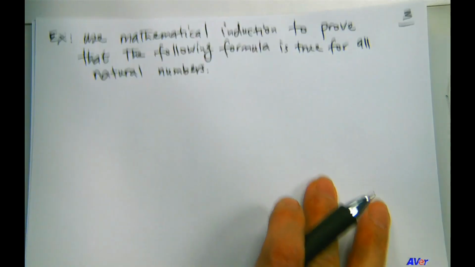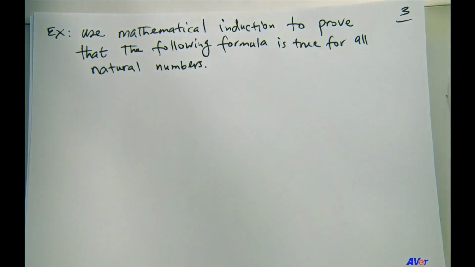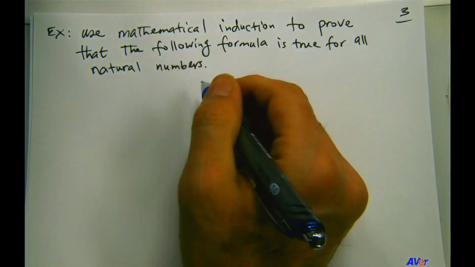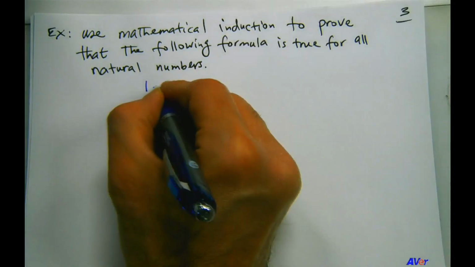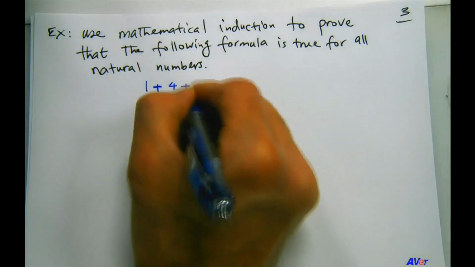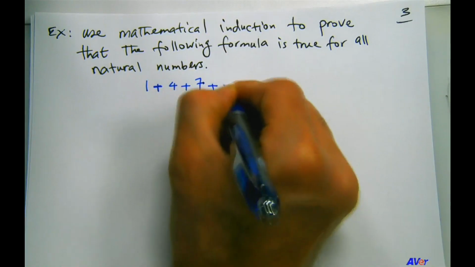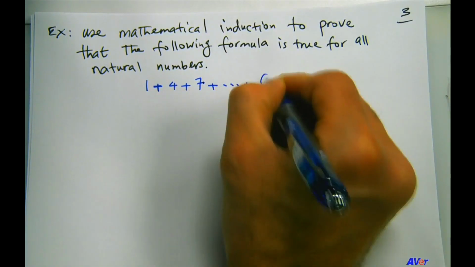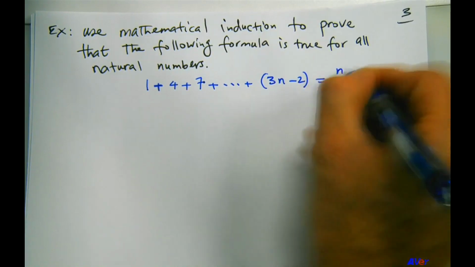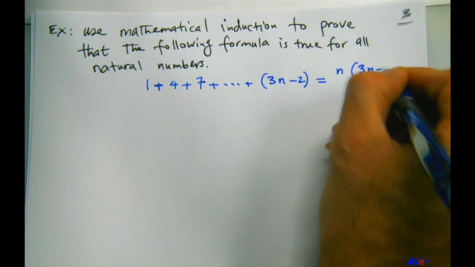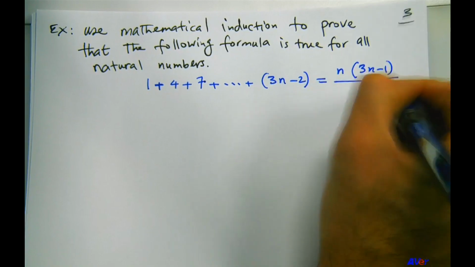Okay, so here is that statement. That is 1 plus 4 plus 7 plus that equals n times 3n minus 1 divided by 2.